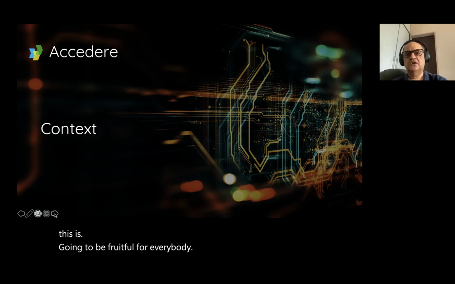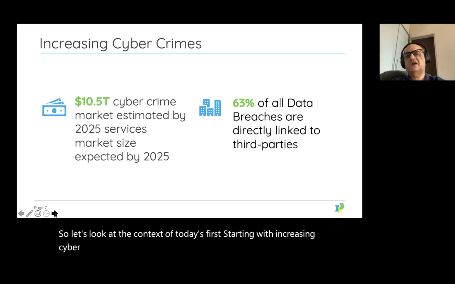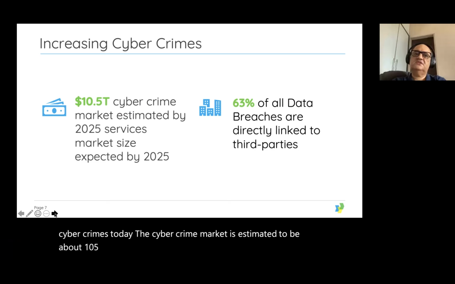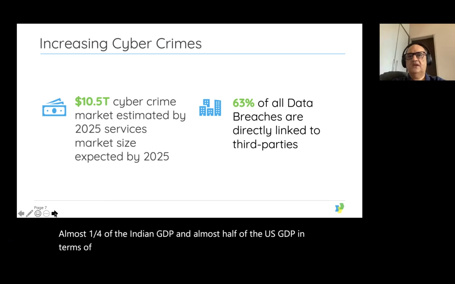Let's look at the context of today's session, starting with increasing cybercrimes. Today, the cybercrime market is estimated to be about $10.5 trillion, which is almost one-fourth of the Indian GDP and almost half of the US GDP in terms of value.